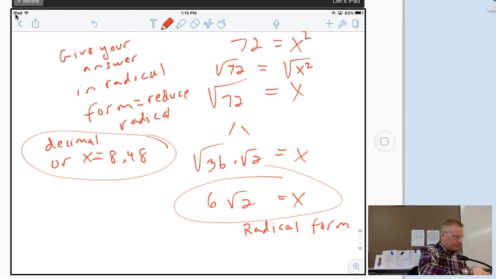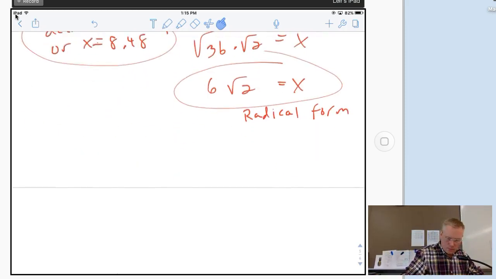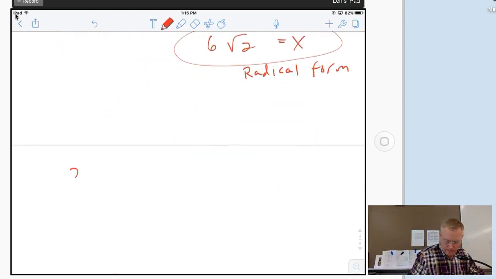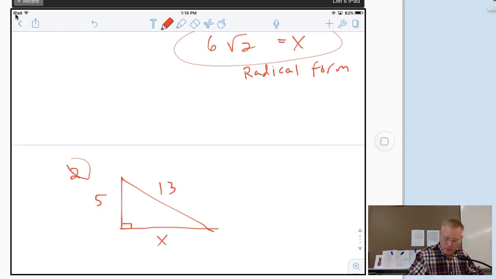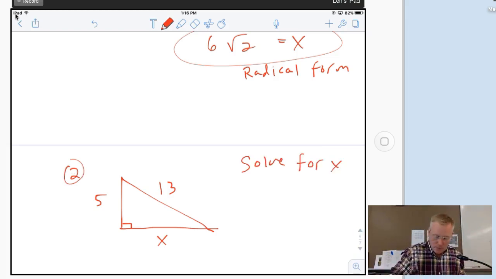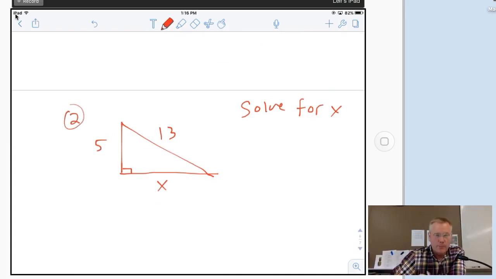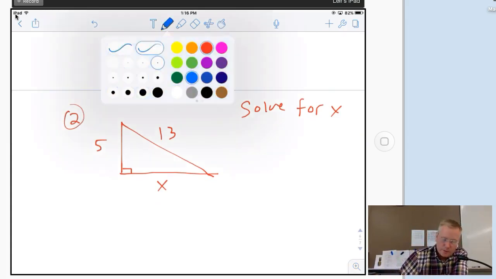Okay, next one. So, go back to over here, got another triangle. Okay, so this is 13, this one's 5, this one's x. Now, once again, make sure you get the hypotenuse correct.